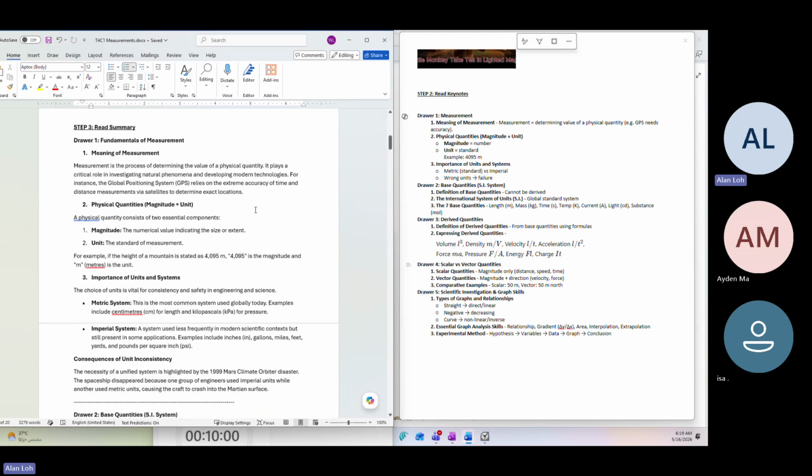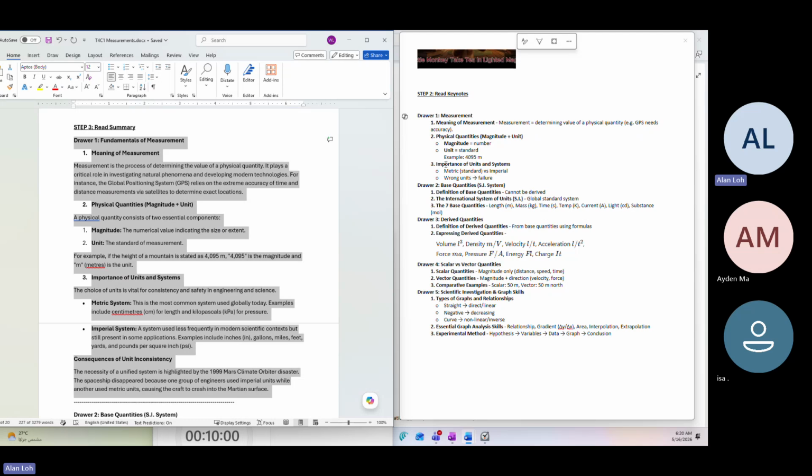Now let's move to step 3, from drawer 1 until surface. If you notice, it is also divided into 3 important concepts: 1, 2, and 3. On your right is also 1, 2, and 3.